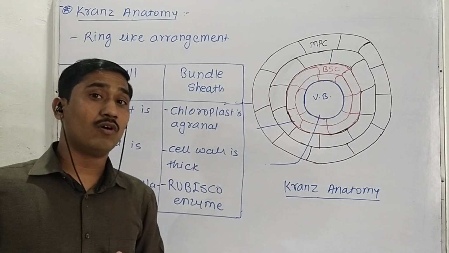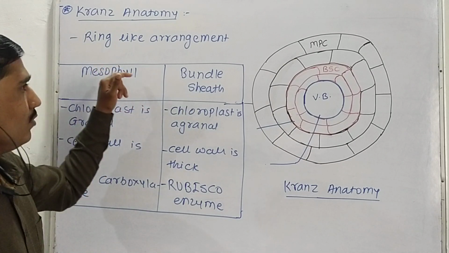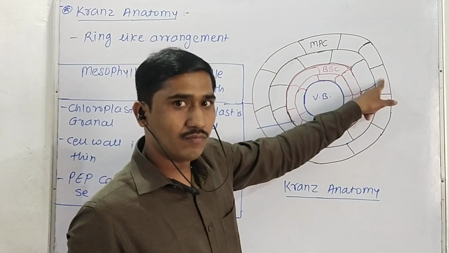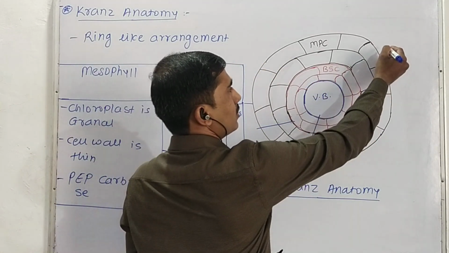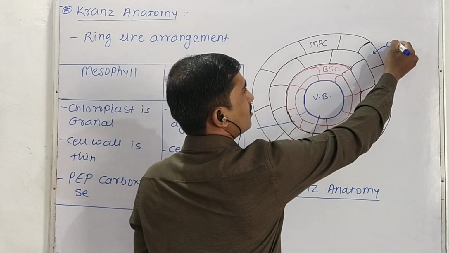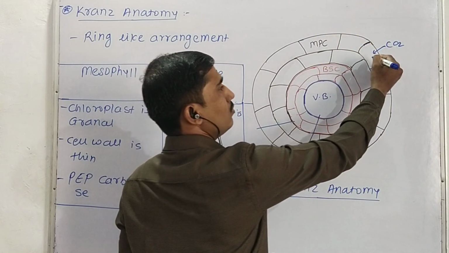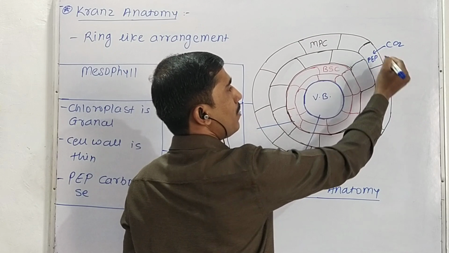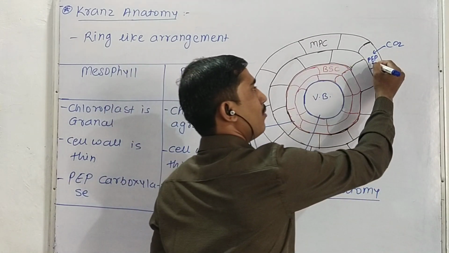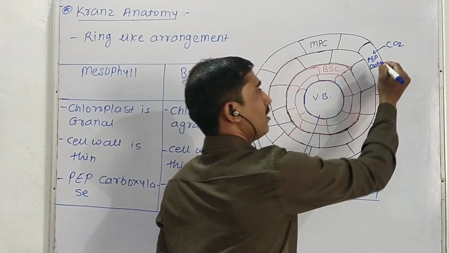During the C4 pathway, what happens? In the mesophyll cell, CO2 enters and that CO2 is fixed by PEP carboxylase.